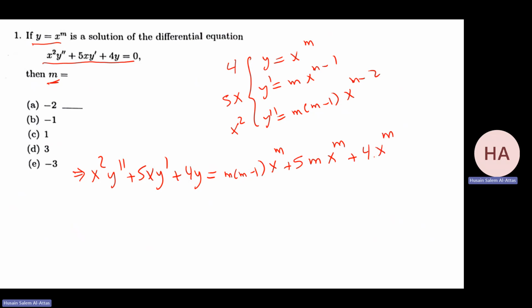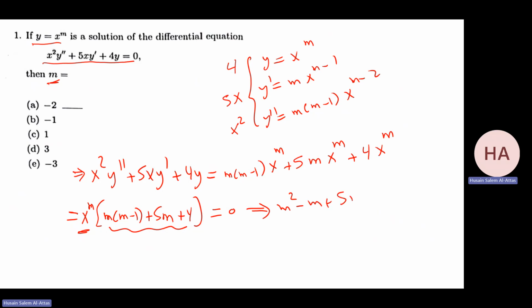I can take x to the power m as a common factor, and I have m times m minus 1 plus 5m plus 4, and all of this equals 0. Since this is for any x, and x cannot be 0, I need this to be 0. So I need m squared minus m plus 5m plus 4 equal to 0.